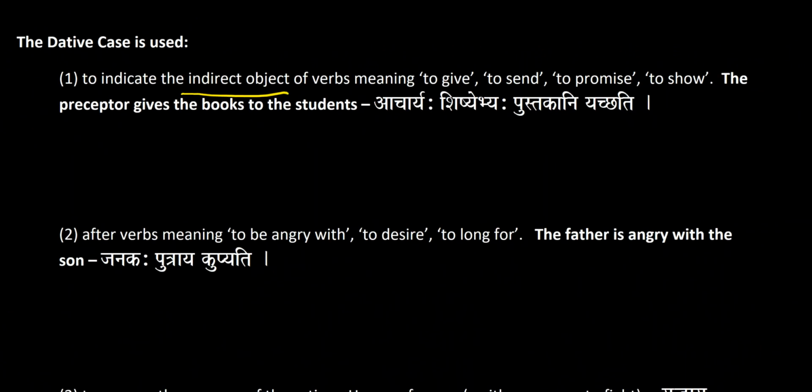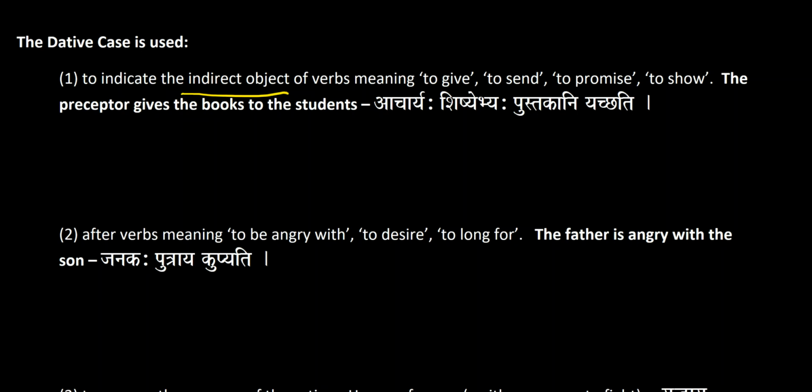What does that mean? The sentence, the preceptor gives the books, could be a sentence by itself. You don't need the to the students for that to be a complete sentence in English, correct? The preceptor is the subject and the books is the object in this sentence. But the indirect object is to the students.